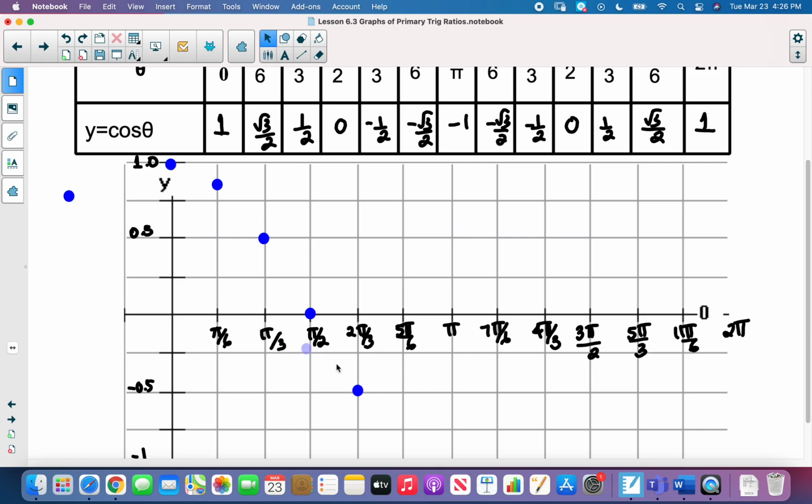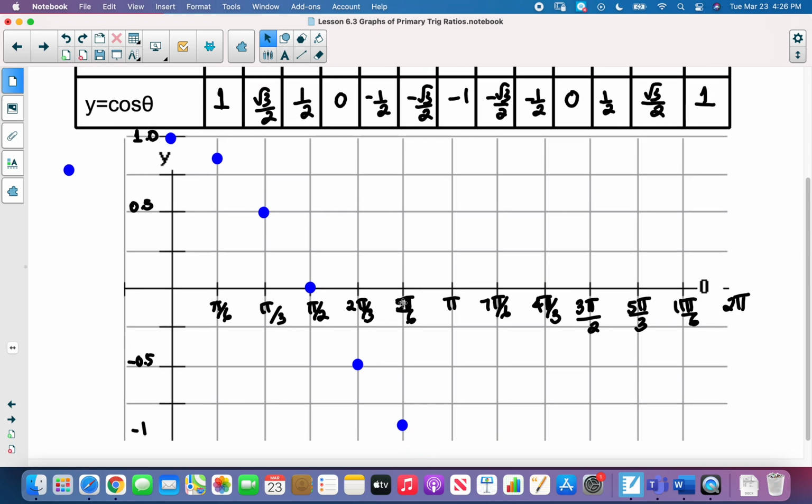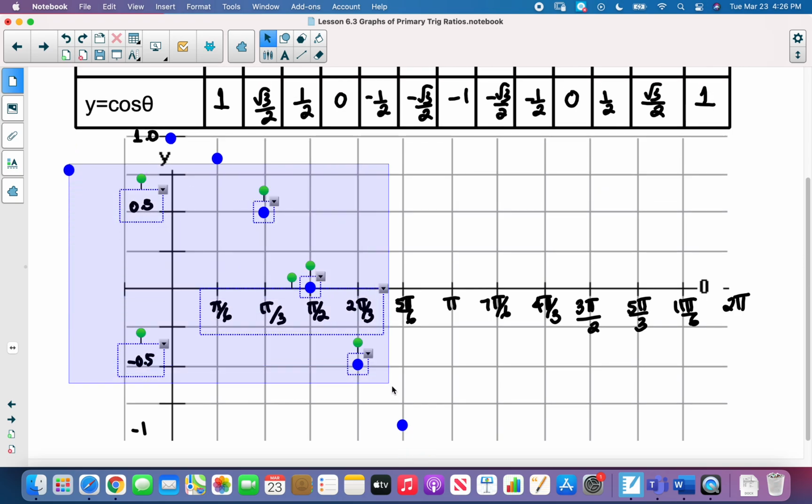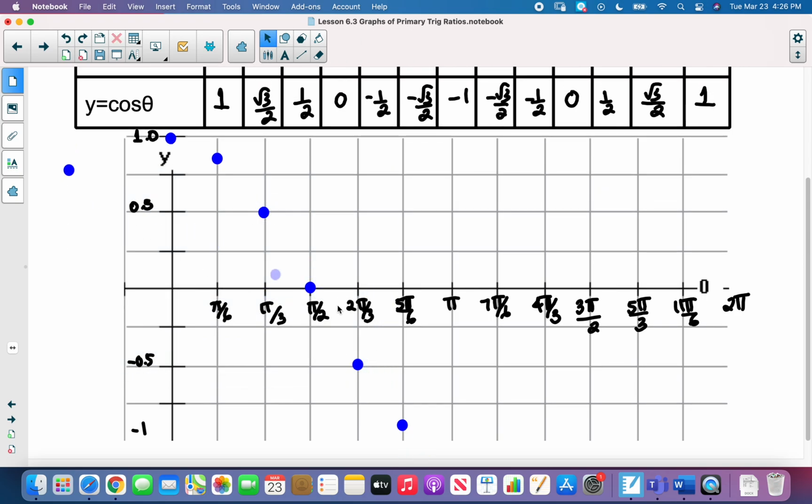And then negative root 3 over 2. Next one, it's negative 1. Back to negative root 3 over 2. Back to negative 0.5.